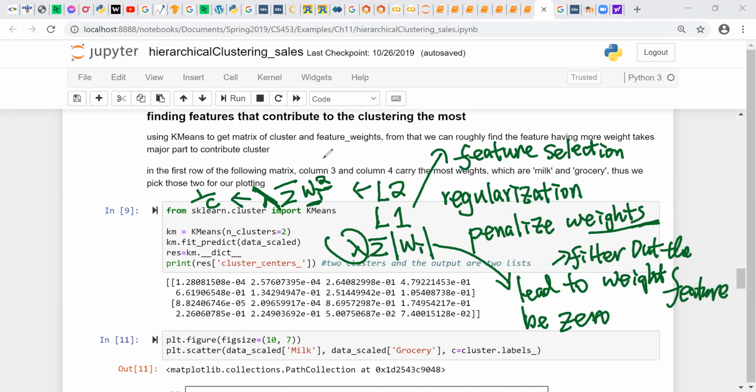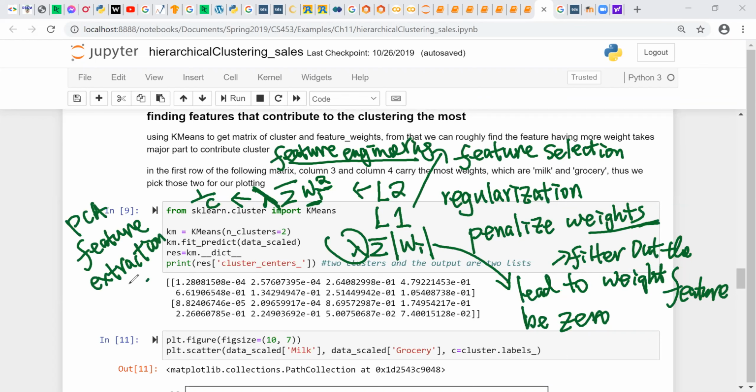There is also a topic in machine learning regarding features, which we call feature engineering, with a lot of techniques discussed there. So feature selection, feature extraction: PCA belongs to feature extraction.